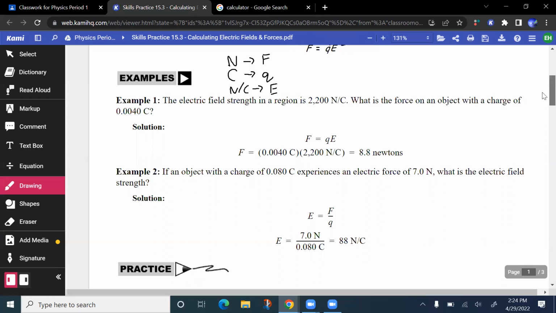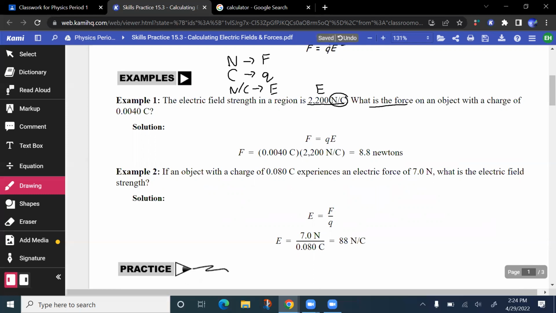In the first two examples, we're just going to see how we would annotate these questions so that we can organize our information. In example 1, it says the electric field strength in a region is 2,200 newtons per coulomb. So if I see this, I know I need to annotate that number as E, my electric field strength.